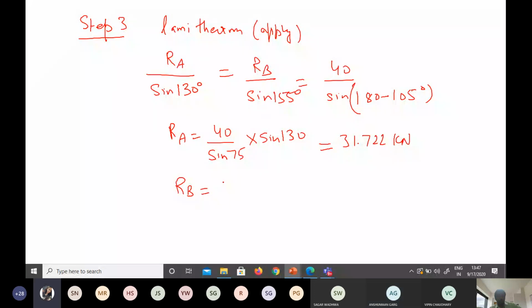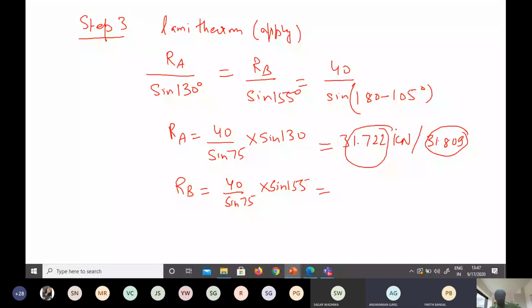RB is 17.501. You have to calculate it from a calculator, and just ensure that the answer is correct. So RA is 31.722 and RB is 17.501.